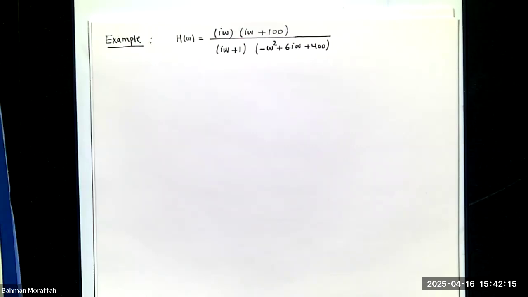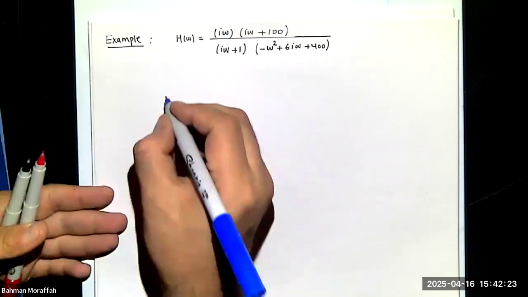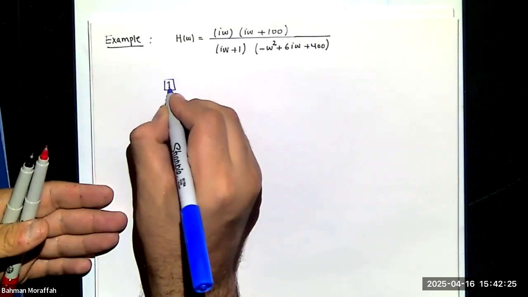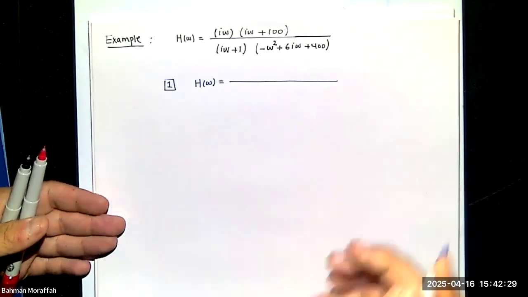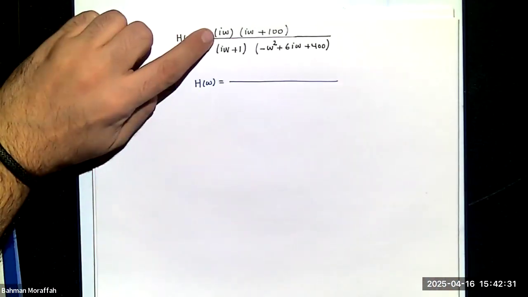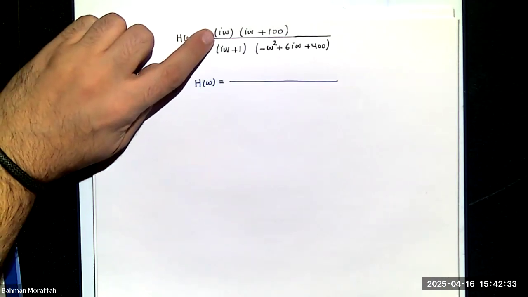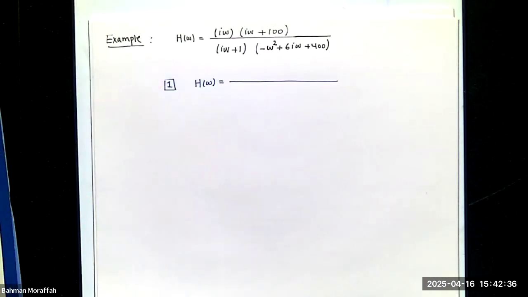What is the first step? We're going to have to make sure that we have this written in the form that we can actually utilize it. So the first step, we're going to have to rewrite this H of omega. Well, this j omega here is good. I know it's a simple 0 at the origin. I don't have to really change it.